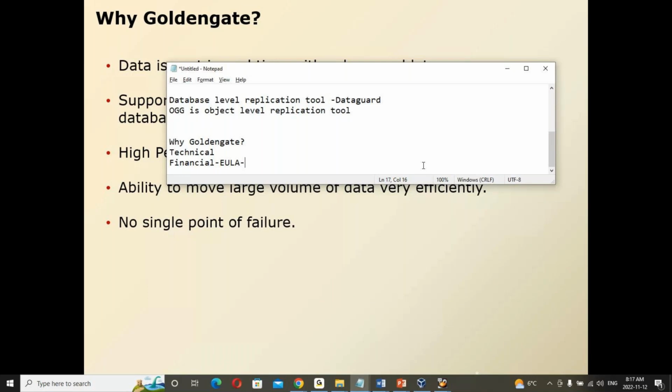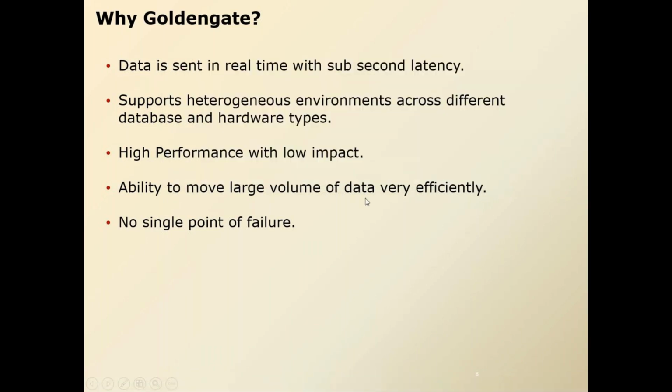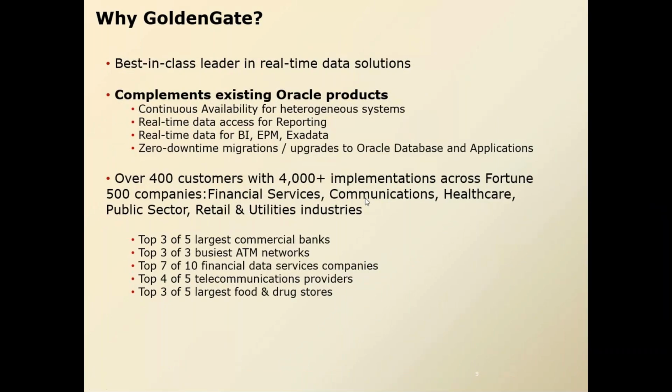That is why you see in the current environment the requirement for GoldenGate DBAs, or people having GoldenGate experience, has increased multiple fold now. So GoldenGate has technical as well as financial reasons why organizations prefer Oracle GoldenGate.